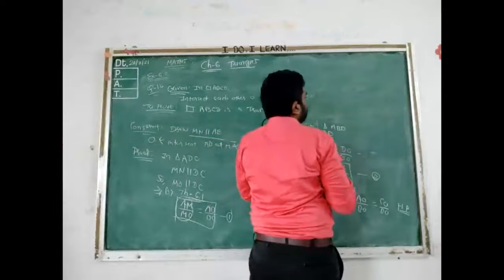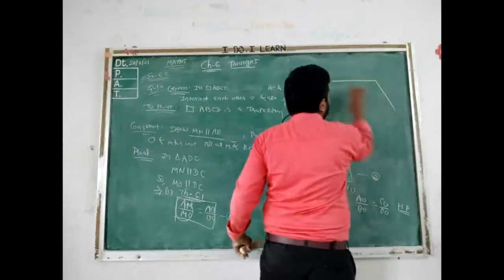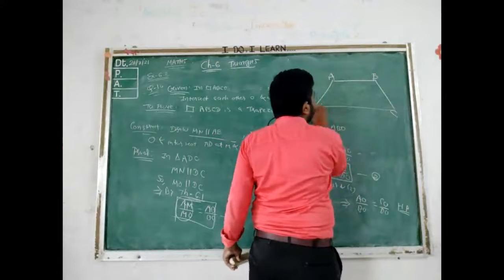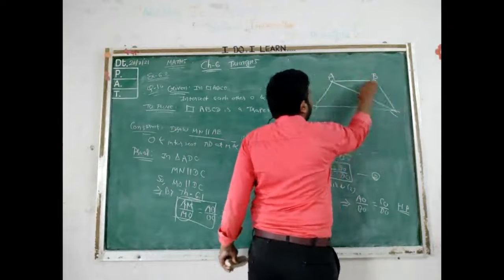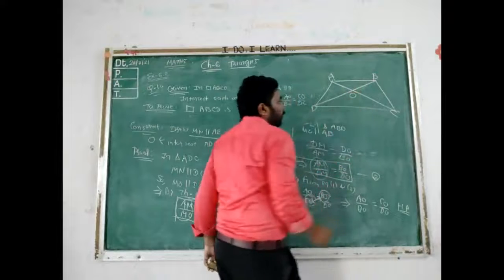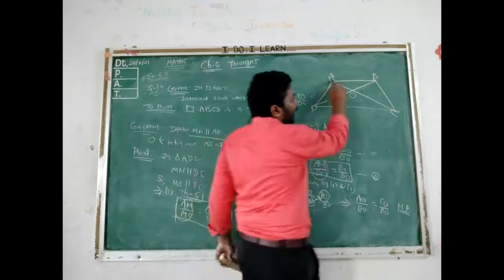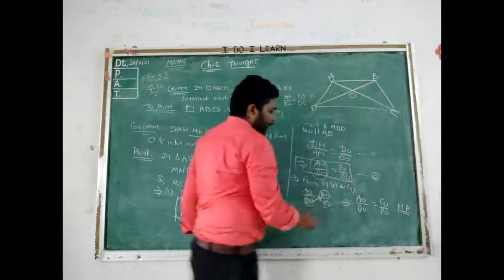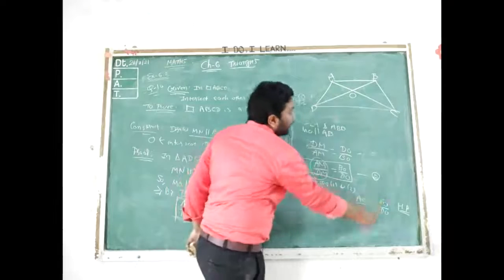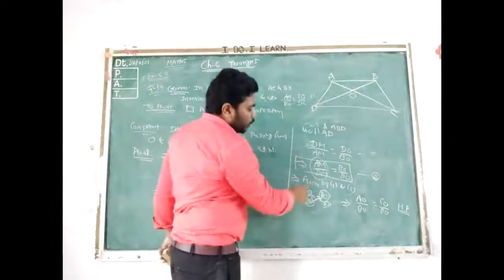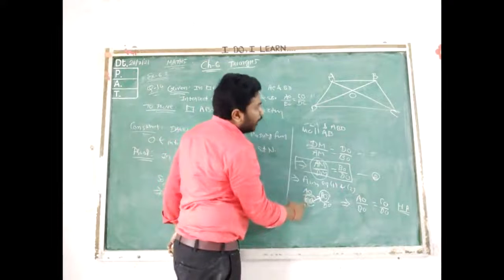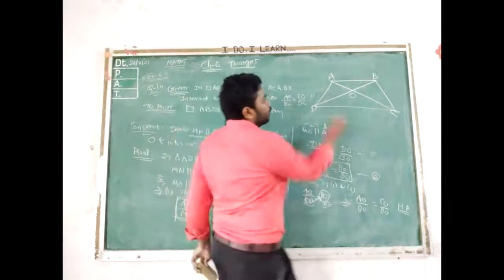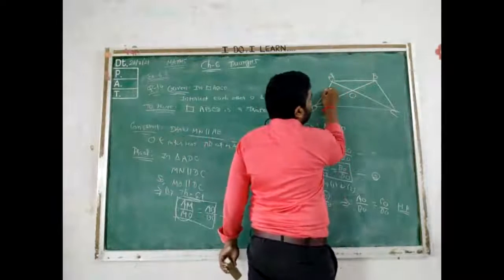See, this was the quadrilateral, any quadrilateral. Here A, B, C and D, and these two diagonals are intersecting each other at O. It's given AO upon OB is equal to OC upon OD. This is given to us. So from this I can write AO upon OC is equal to BO upon OD. I'm just taking these two.